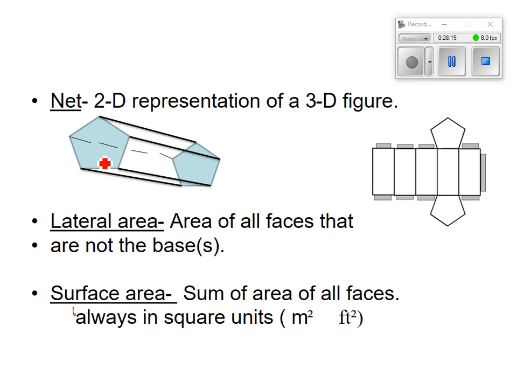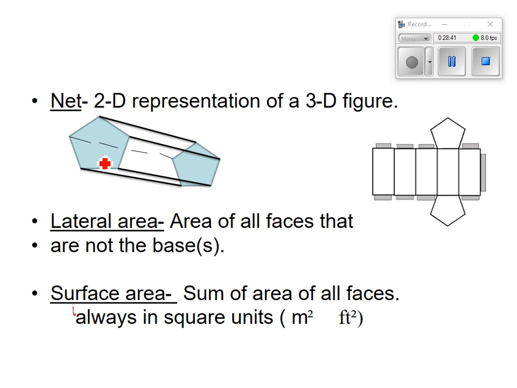Now, when we draw our nets, I'm not worried about you drawing it perfect like this. What I'm worried about is that you know how to find the surface area of each, or the total of all these spaces. So we'll talk about that when we do a couple of these problems.